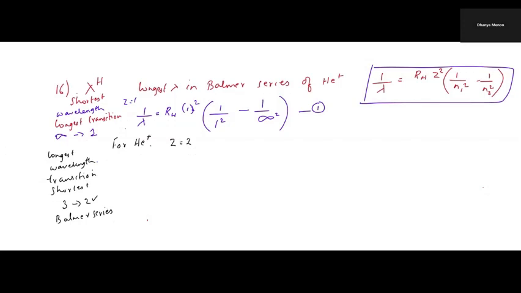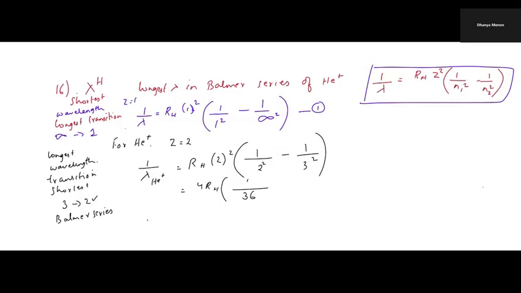So let's substitute. For the helium ion, 1 by lambda is equal to RH times Z square, 1 by 2 square minus 1 by 3 square, which is equal to 4 RH times 5 by 36. This I'm taking as equation 2.